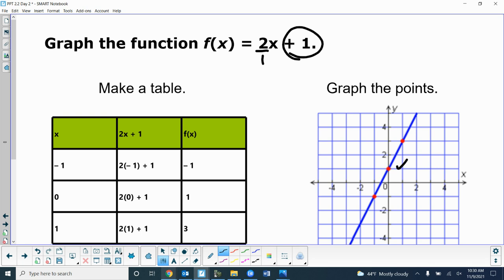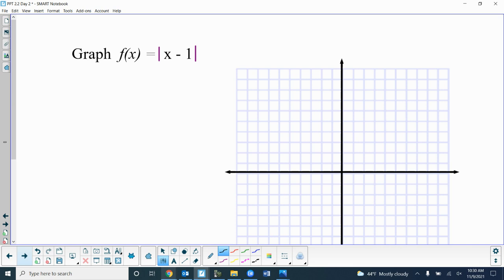Remember that? Okay? Or if you go down 2 negative and left 1 negative, 2 negatives make it a positive, so you're still in the same line. All right, so that's how I would do it. You could put it in your calculator too and look at your table of values. All right, so we should have no problem doing linear functions and graphing them, right?